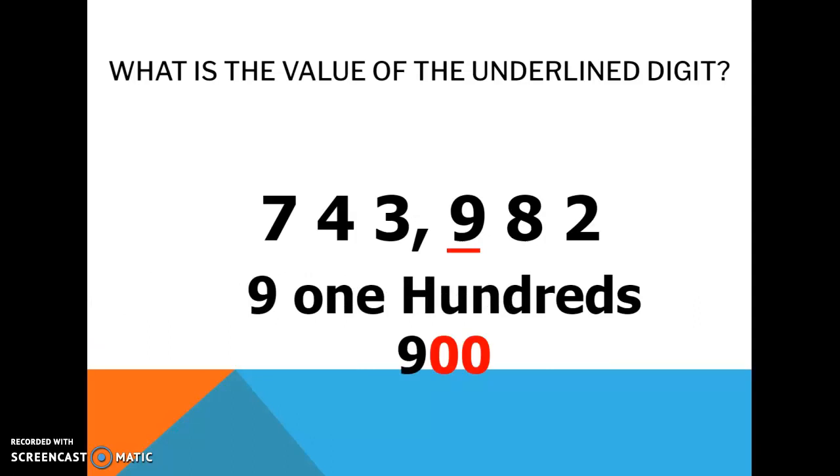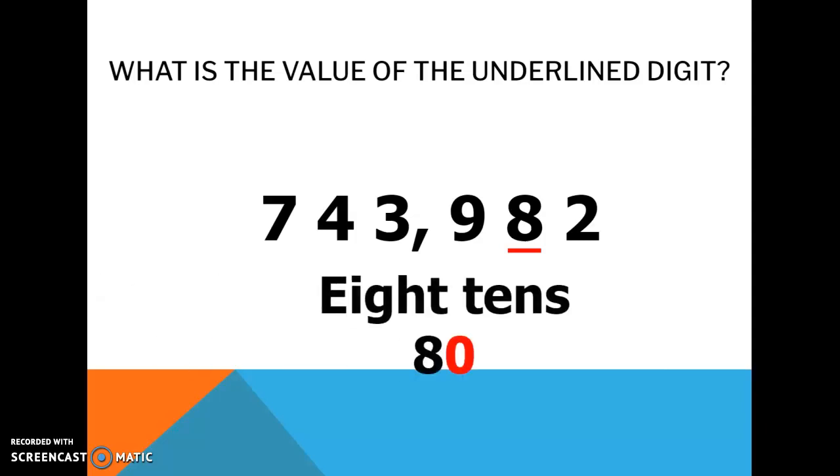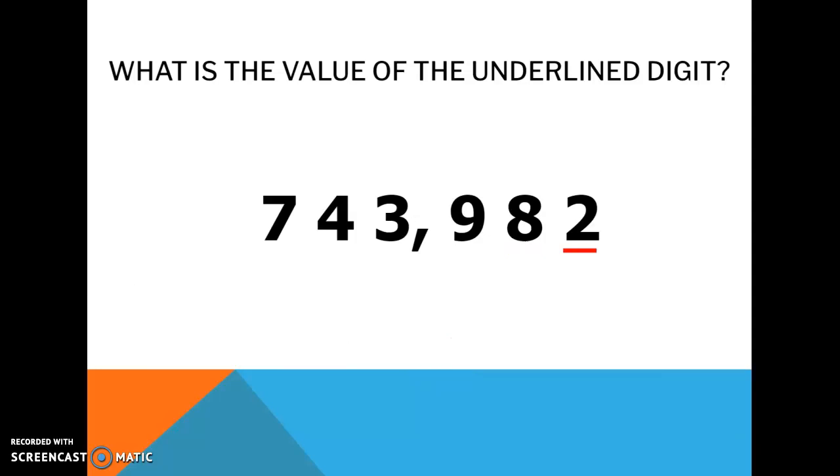So 9 100s would be 900. What is the value of the 8? 8 tens. So 8 tens is 80. Good job, Miss Stiltner. What is the value of the 2? This one's pretty simple. Two ones would be 2.